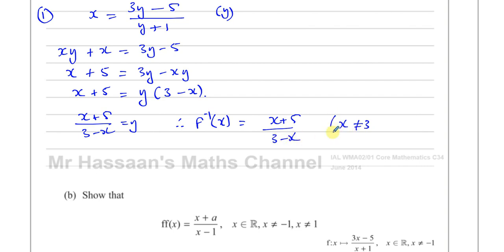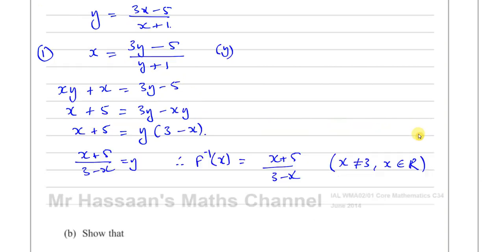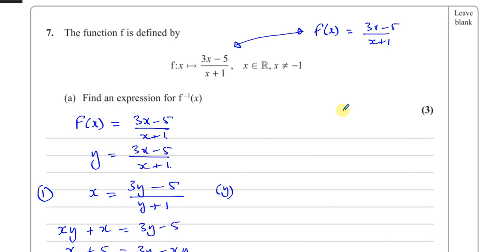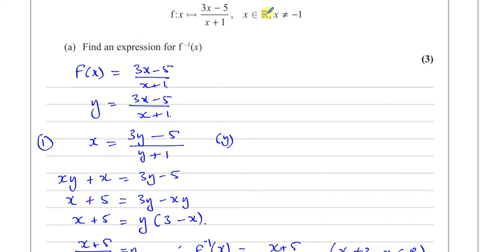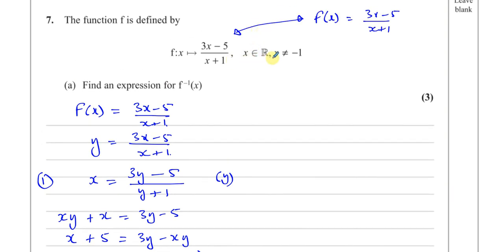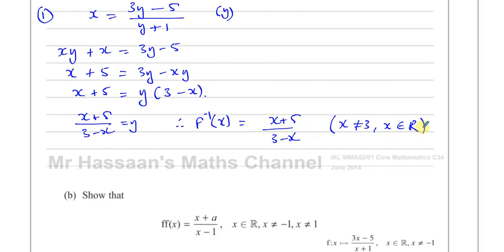So that's the domain of this function: x is all real numbers apart from 3. You should always give the domain for the functions that we are asked to find. As this is unrestricted in that it includes all real numbers, that means this will also be unrestricted. But the only thing is, any number that causes it to be undefined will be excluded.